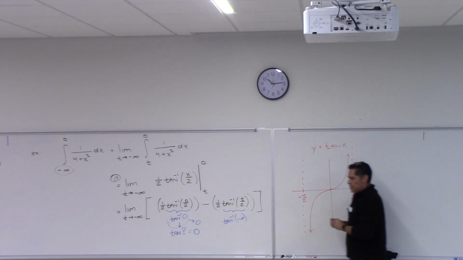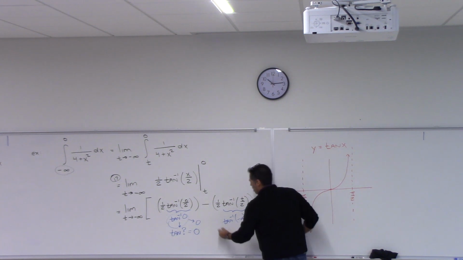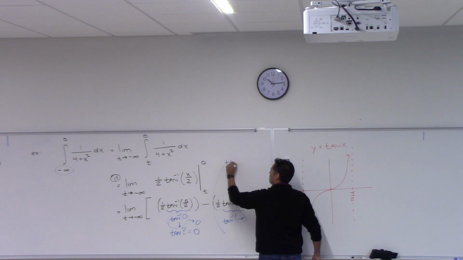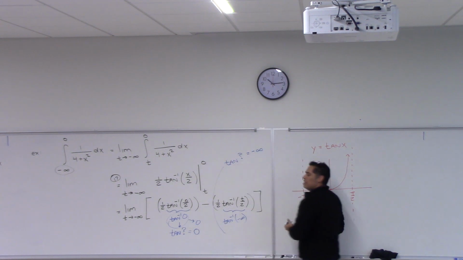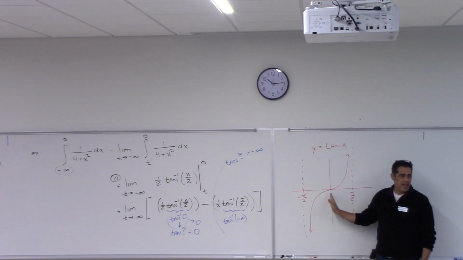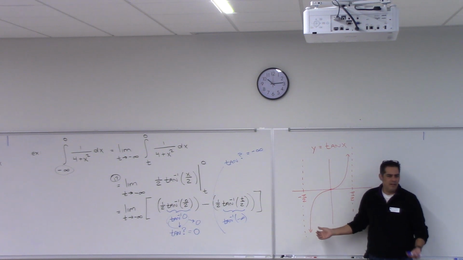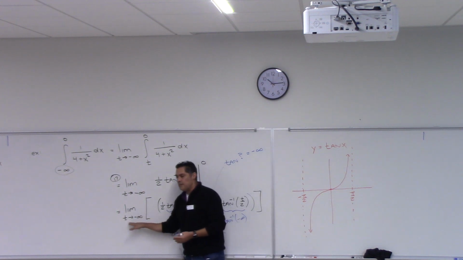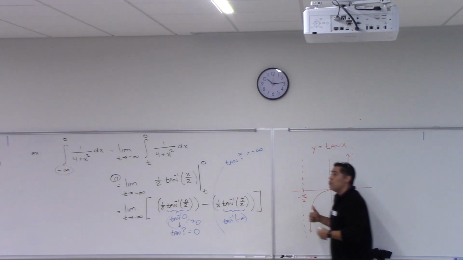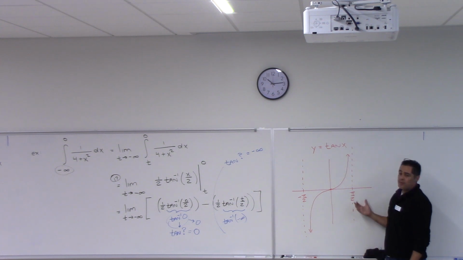Now, this one is the one that's real tricky. This is saying tangent of what angle gives you negative infinity. Well, you can't get negative infinity, can you? Negative infinity is not a number. But remember, this is a limit. So what angle must you be approaching in order to get negative infinity to come out of this function? Negative pi over 2.